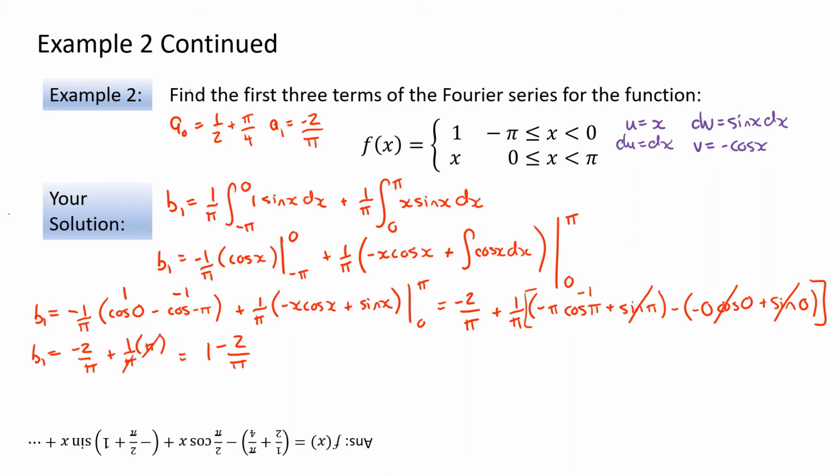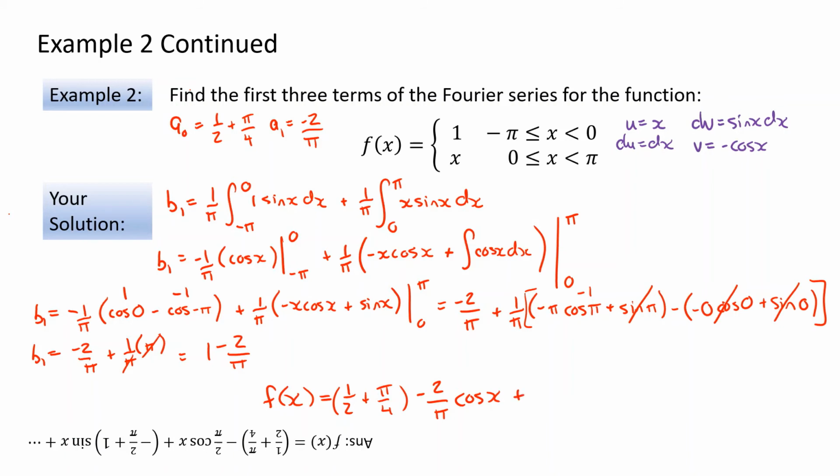In this case, none of the constant terms were 0. So now we can write out our Fourier series. We have f of x is equal to a0, which is 1/2 plus pi by 4, plus our second term. In this case, it's negative 2 over pi, so it becomes minus 2 over pi times cosine of x.